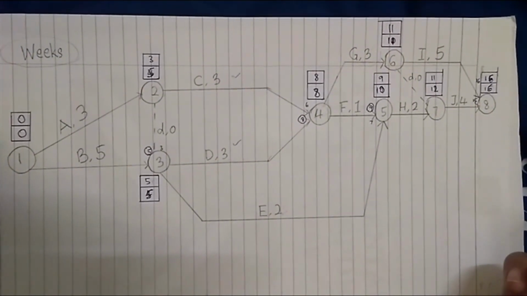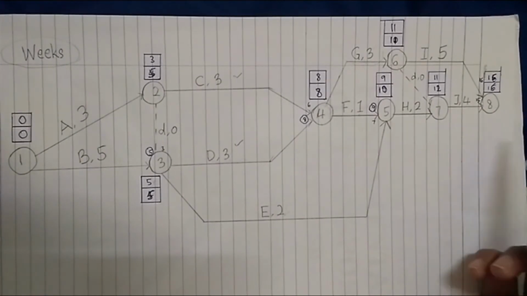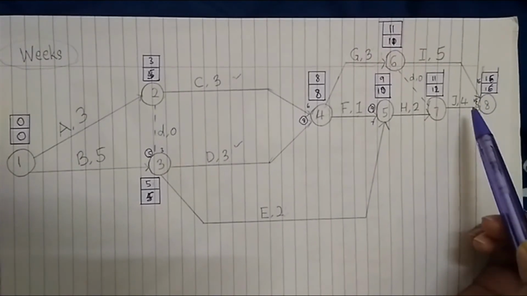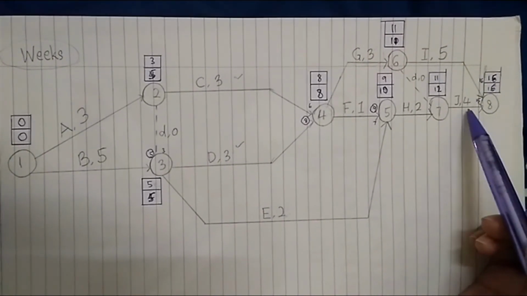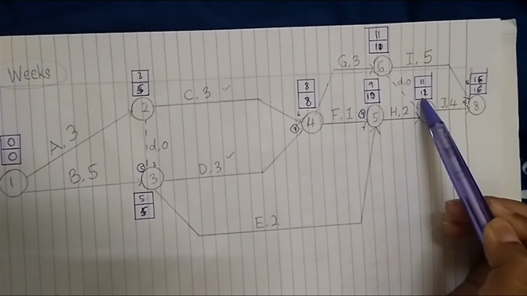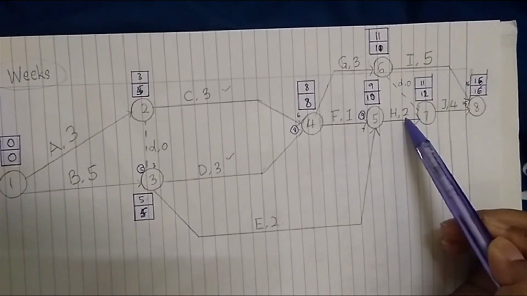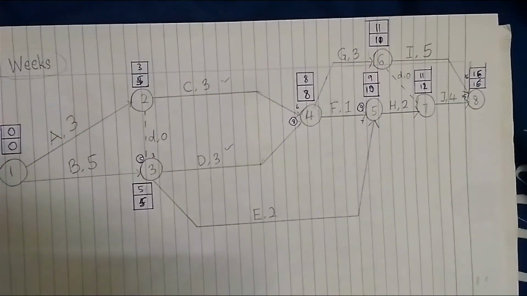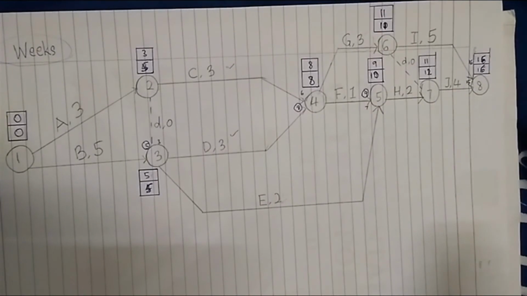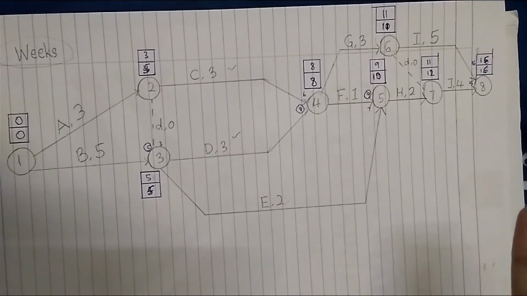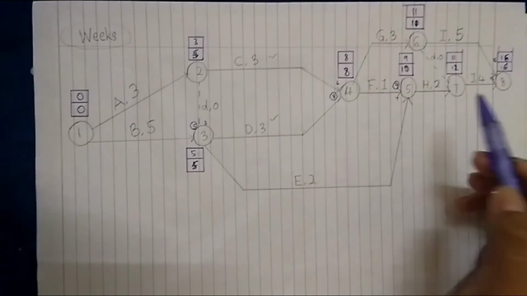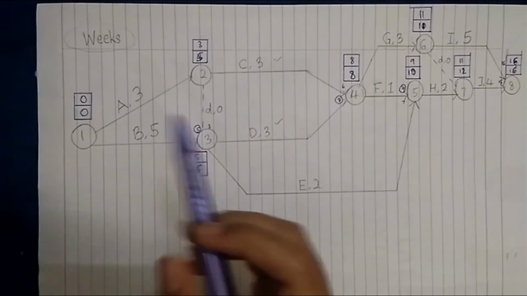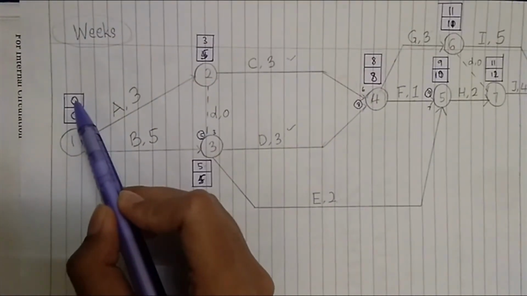Okay, and then that is for EET. But for LET, it is a subtraction, which is 16 minus 4. So 16 minus 4, we came out with 12. So 12 minus 2, we come out with 10. And we do like this for all the numbers until we reach 0, 0.